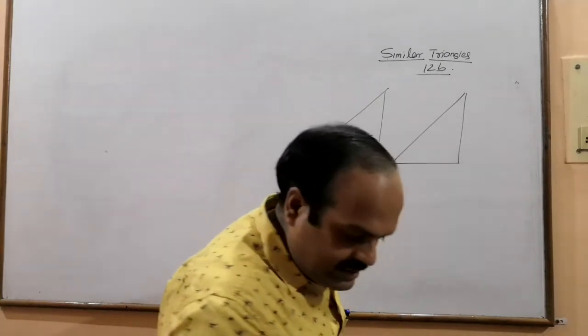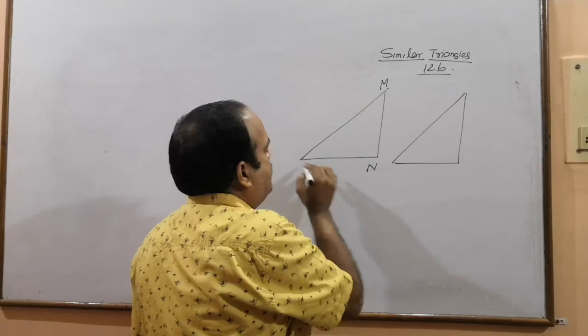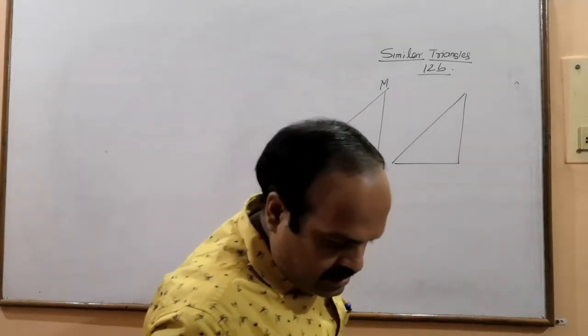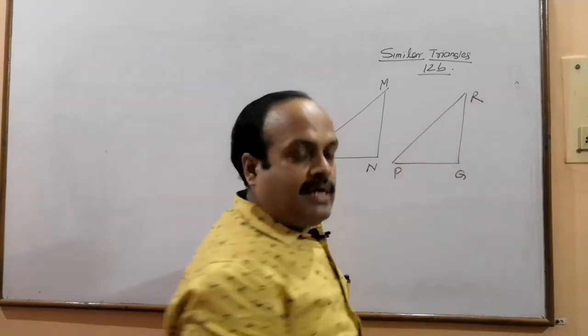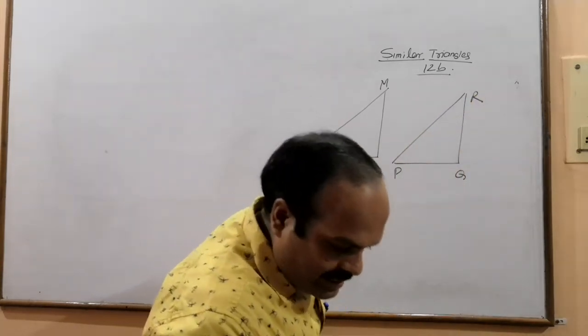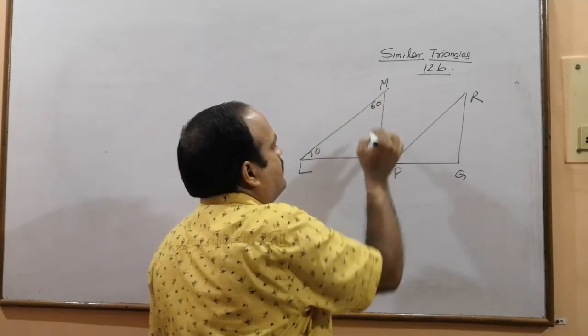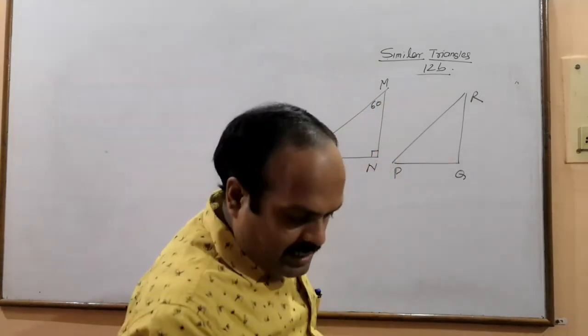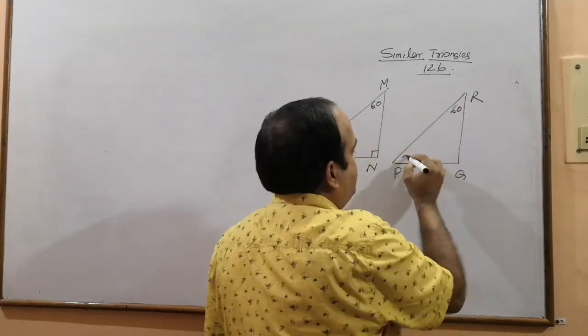Their names are LMN and PQR. The angles of these two triangles are 30, 60, 90. The angles of this one are 60, 30, 90.